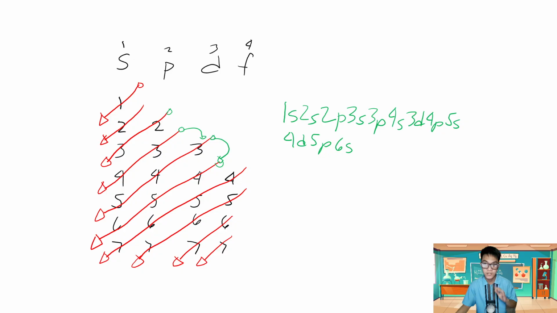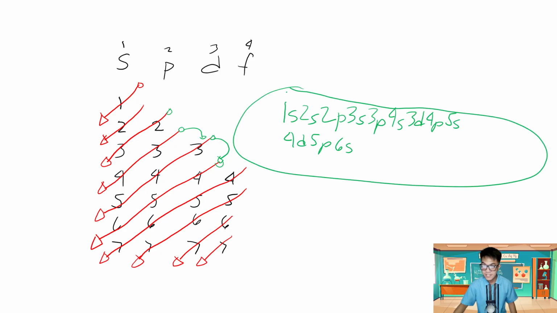If you check with the diagram that I've shown in the previous video, or you can search on Google, just search linear electron configuration, it will show you the diagram that I've shown you previously, the whole process. This one that I have right here is exactly the same sequence on how you'll be configuring your linear electron configuration. Let's compare. This is 1S, 2S, 2P, 3S, 3P, 4S, 3D, 4P, 5S, 4D, 5P, 6S.